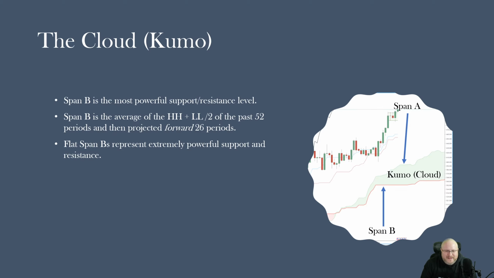If it looks like it's been flat for a long time, that's something to pay attention to, because that is a sign of strength, and those levels are most of the time very difficult to close above or below. Not so difficult to cross, because you have a lot of fake outs and shakeouts that occur against very strong levels of support and resistance, but it's difficult for prices to close and then stay above or below that level.